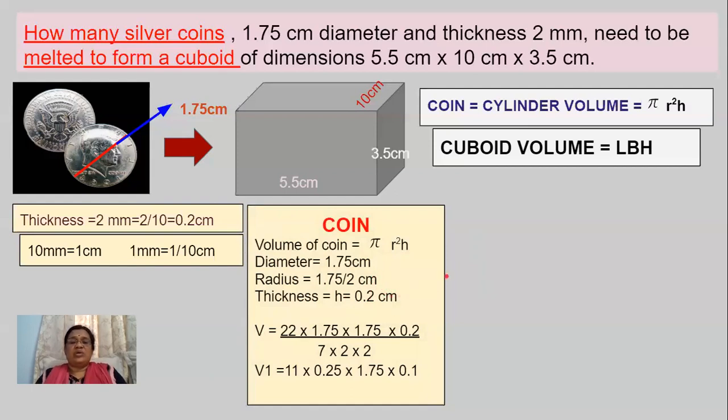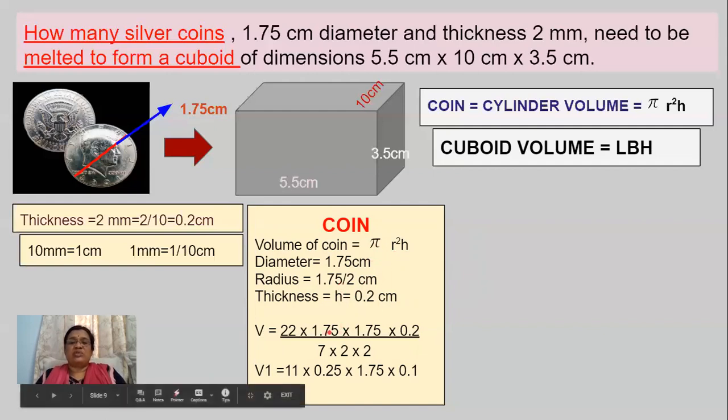Here I take this volume as V1. The pi value is 22 by 7 into 1.75 by 2, and this is r square, so two times is there: 1.75 by 2 and 1.75 by 2, into the height 0.2.